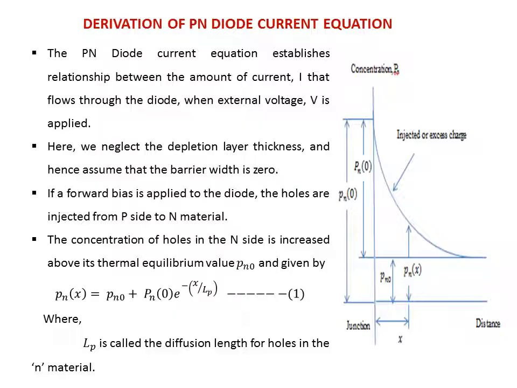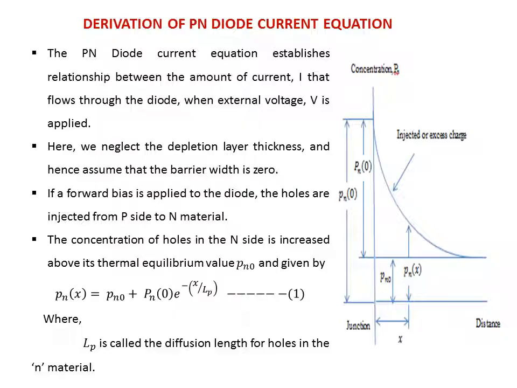which is given by the expression Pn of x equals Pn naught plus Pn of 0 into e power minus x by Lp, where Lp is called the diffusion length of holes in the N material.